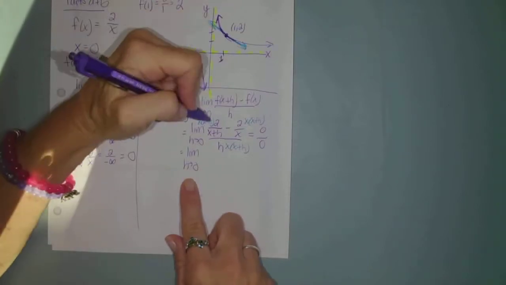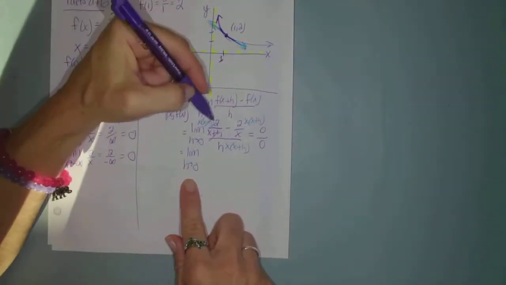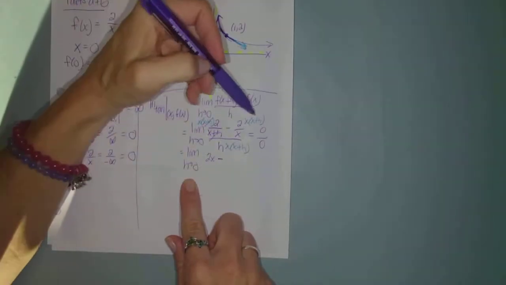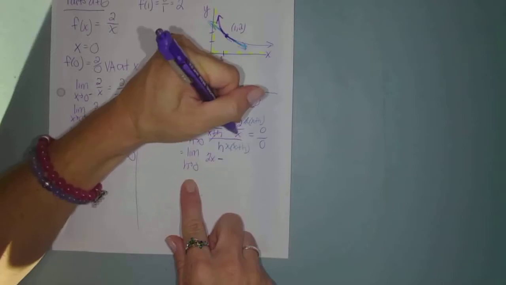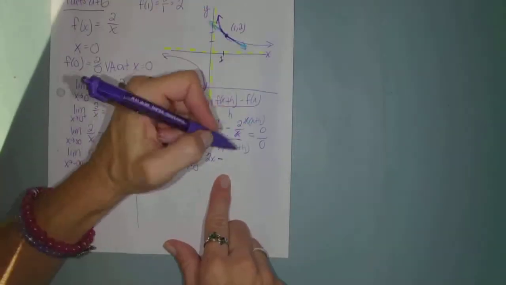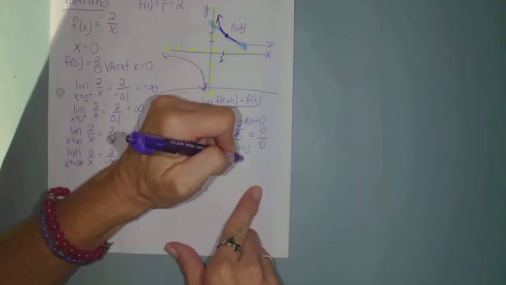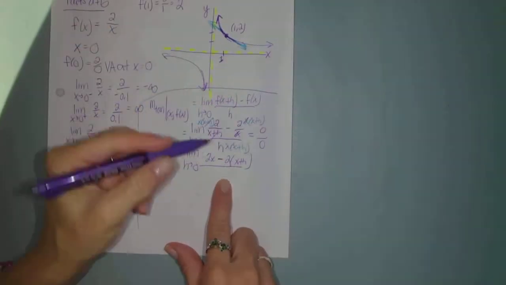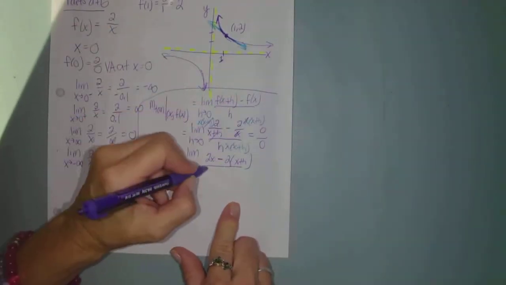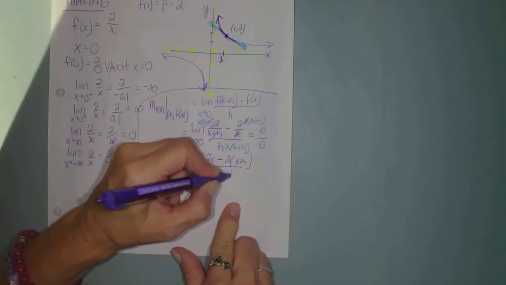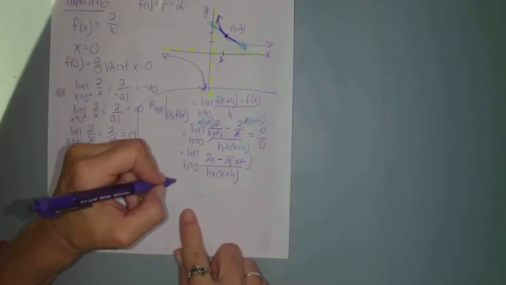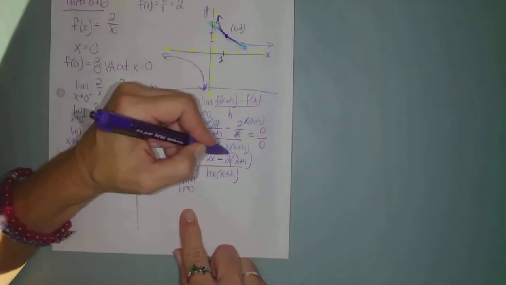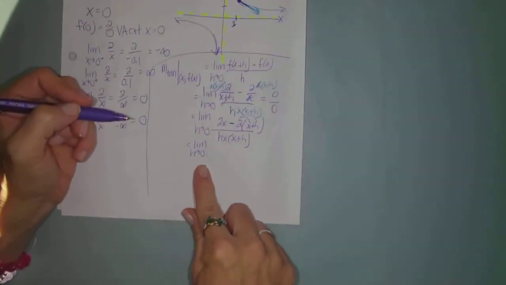Here the x plus h's are going to cross out, and I'm going to be left with 2x minus. Here the x's are going to drop out, and I'm going to be left with 2 times the quantity x plus h. And then on the bottom, I just have hx times x plus h. In my next step, I'm going to distribute my -2 through the quantity.